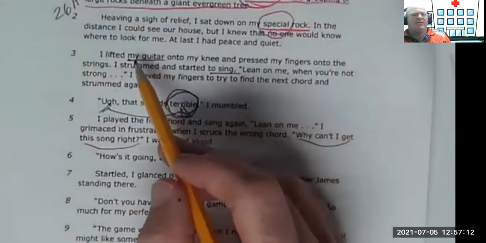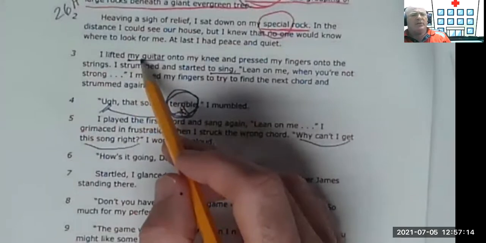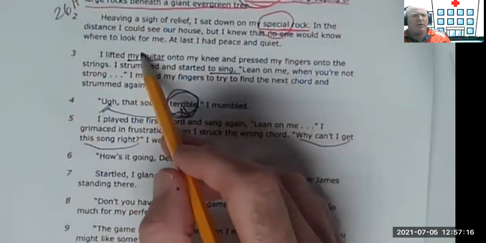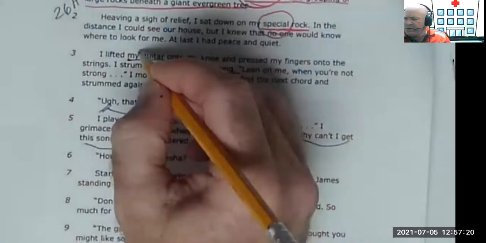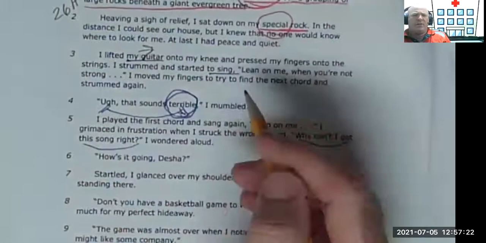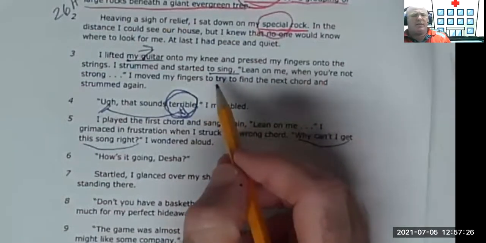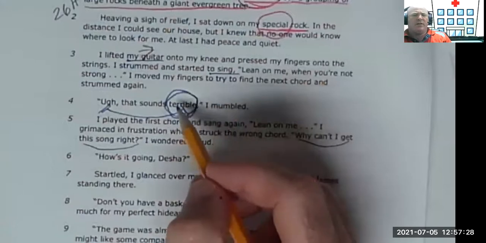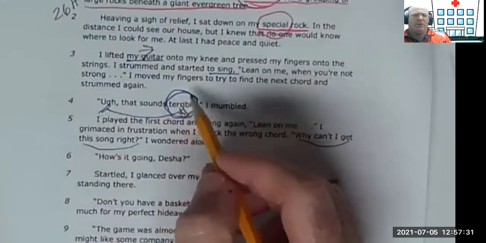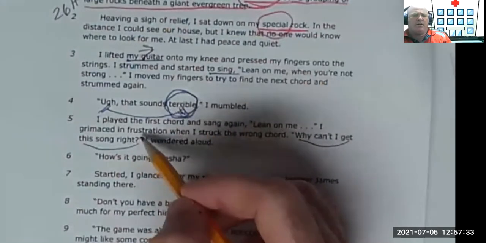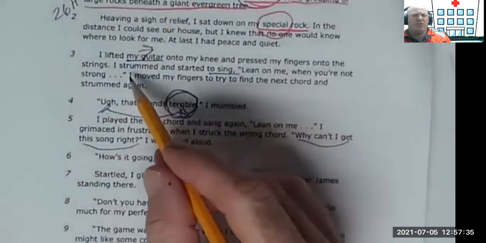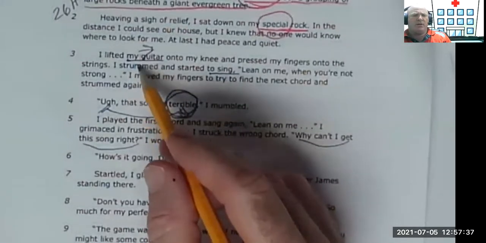So it says, I lifted my guitar. There was nothing describing the positive or negativity of the guitar. When they start singing the song, the only thing that we get about the song is that it sounds terrible. And of course, she's strumming, so she's playing the guitar.